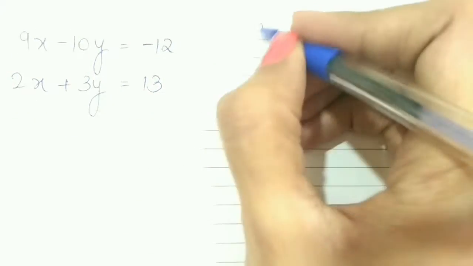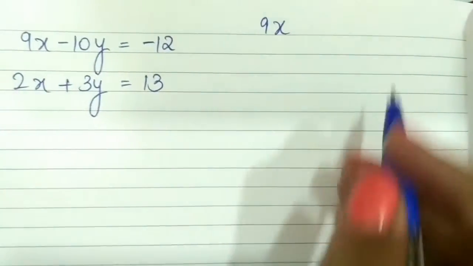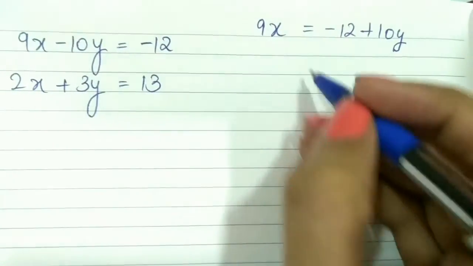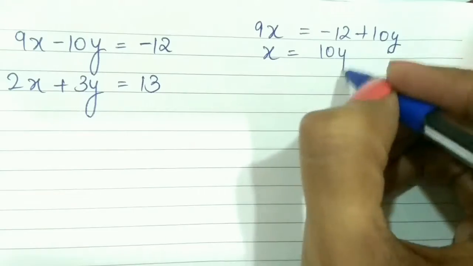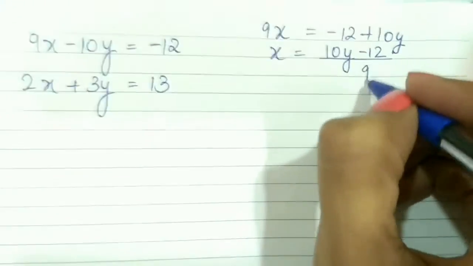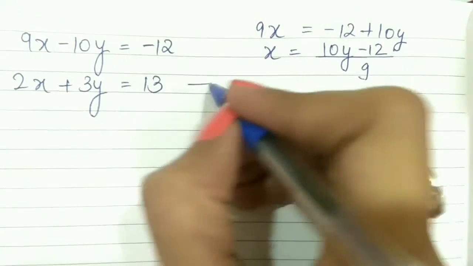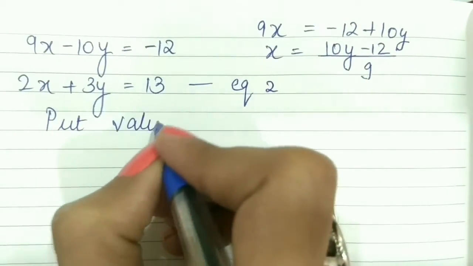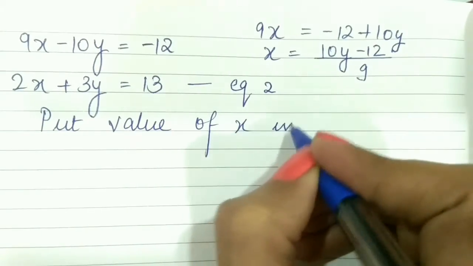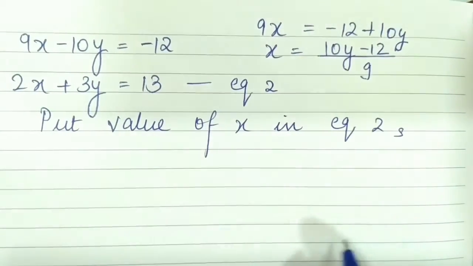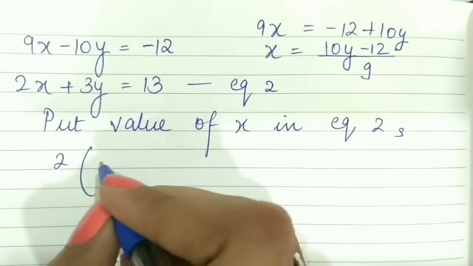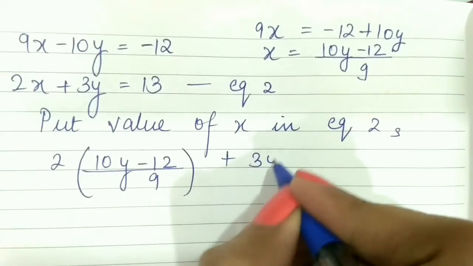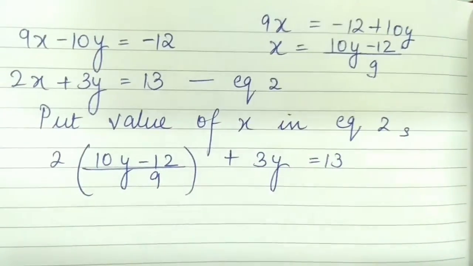Solving first, it will become 9x equals minus 12 plus 10y, or the value of x will be 10y minus 12 upon 9. Put this value of x in equation 2. What we are going to get is 2 multiplied by 10y minus 12 upon 9 plus 3y equals 13.